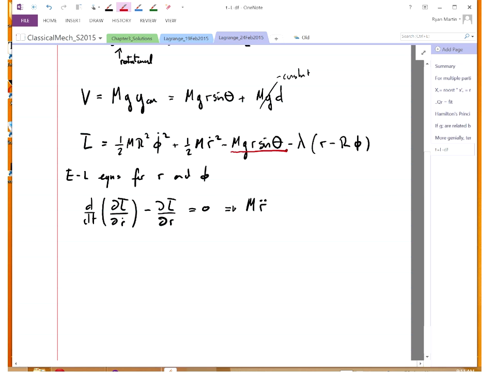Taking the partial derivative of that, the minus signs will cancel, so that gives me plus mg sine theta. And then let me do in blue the minus lambda r. If I take the derivative of that, I just get lambda. And that's got to equal 0. Okay?